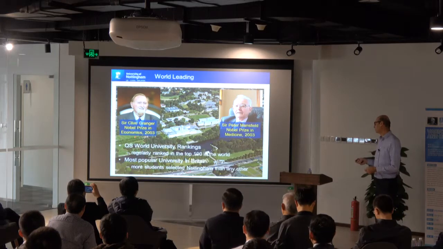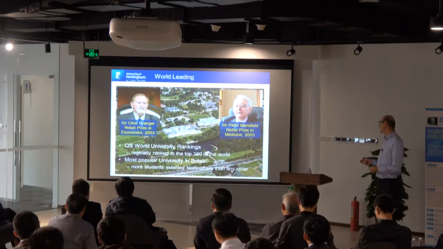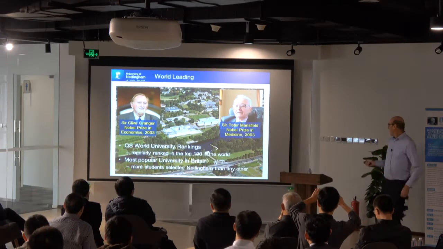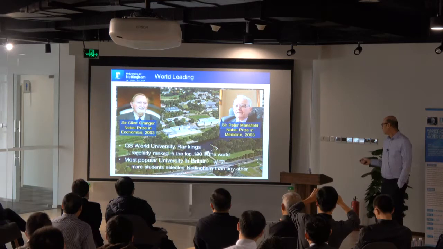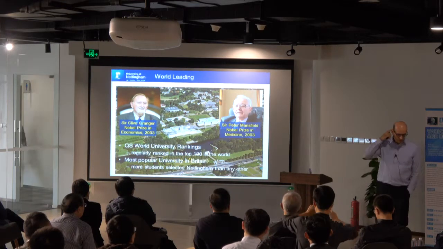Nottingham is famous, or proud, of having produced two Nobel Prize winners, actually both in 2003. Possibly the one who's best known is Peter Mansfield. He won the Nobel Prize in Medicine in 2003.